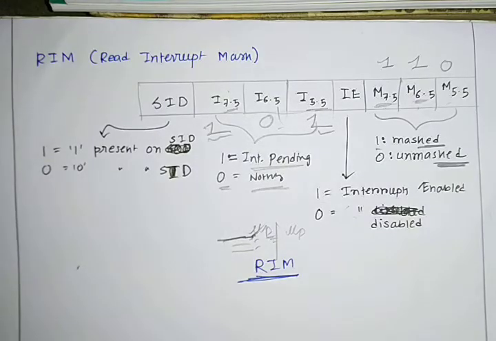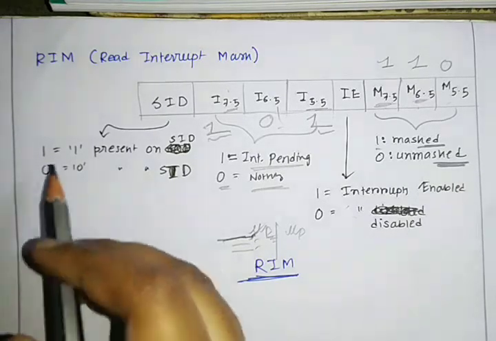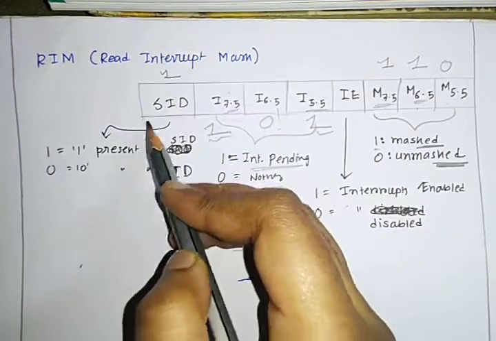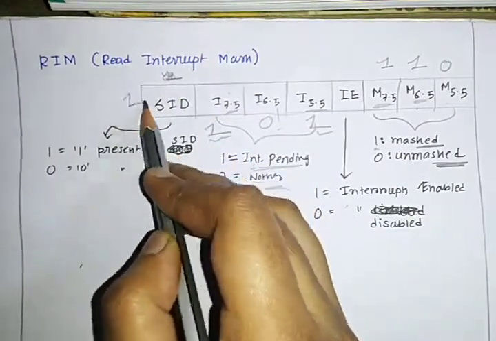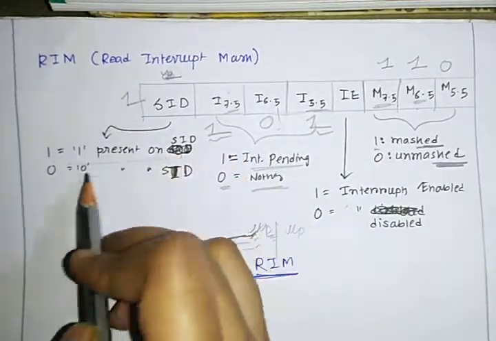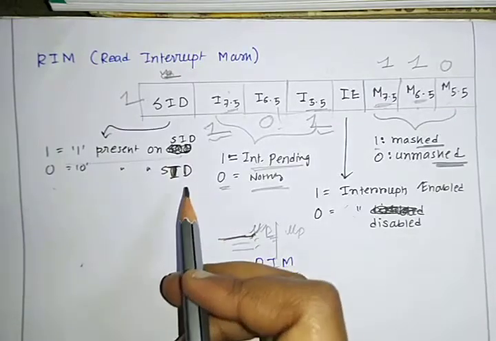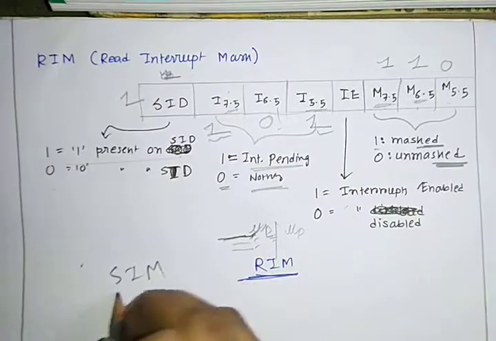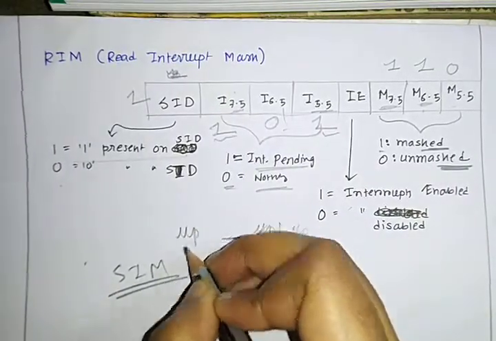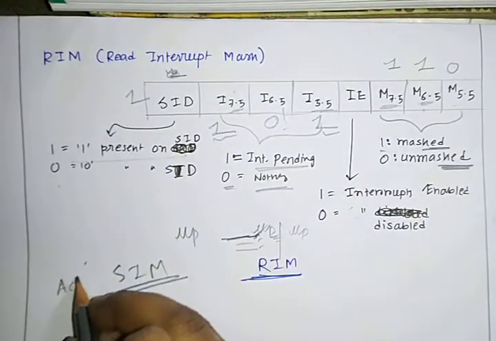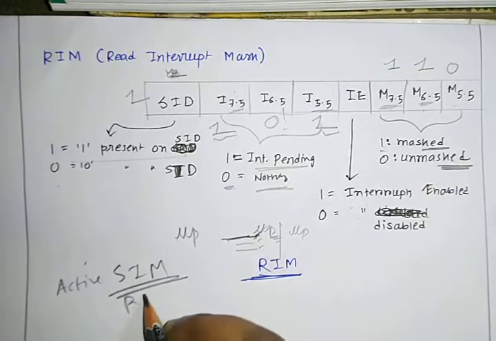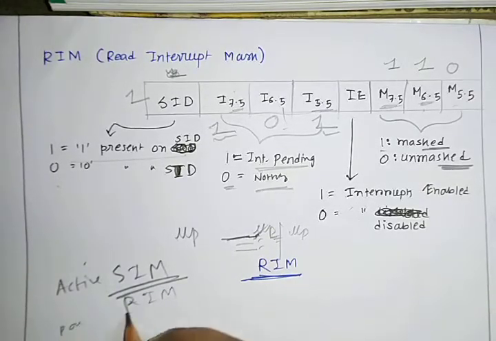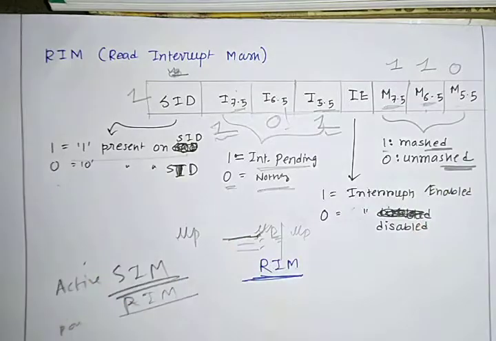And SID, obviously serial input data. If it is 1, it means 1 is present on SID. If it is 0, it means 0 is present on SID. So when I do SIM I'm performing some task on the MPU, and this is an active instruction, and when I do RIM, this is a passive instruction, meaning this is just showing what I have already done.